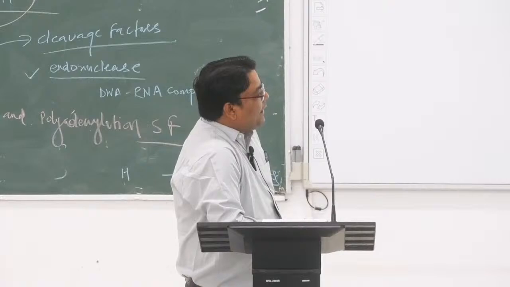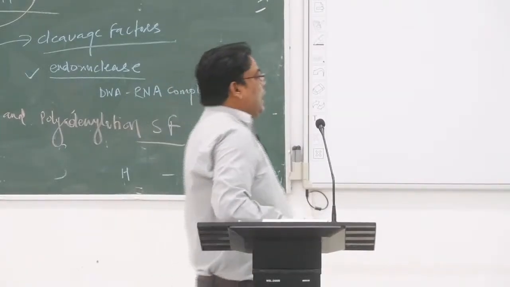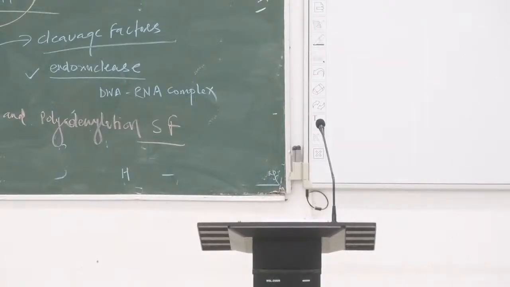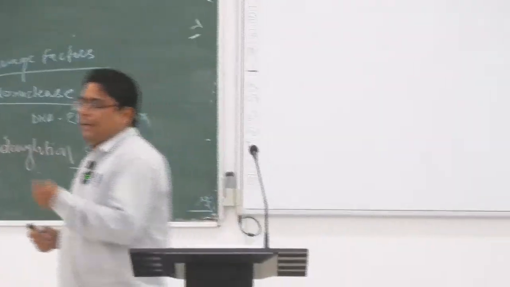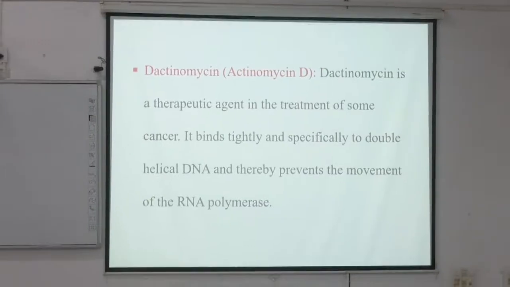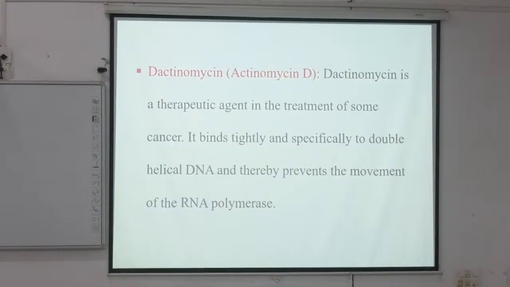This is again a therapeutic agent used for the treatment of cancer, and it binds specifically to double helical DNA and reduces the activity of RNA polymerase. So how many inhibitors of transcription? There are two inhibitors. First one is rifampin, second one is actinomycin.